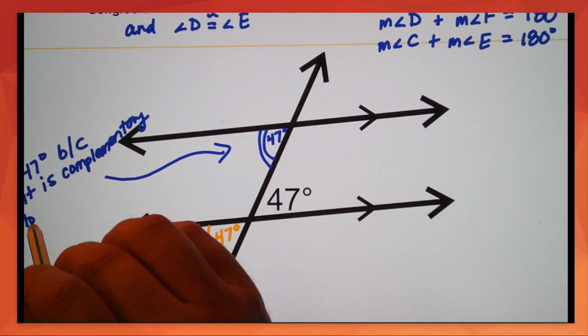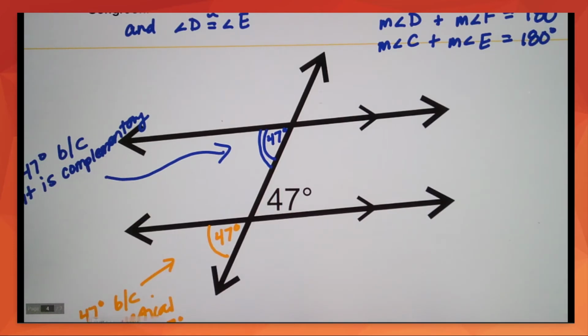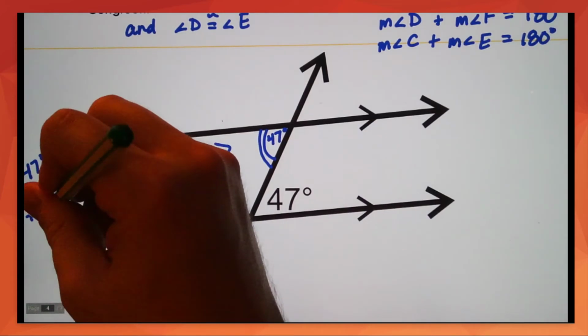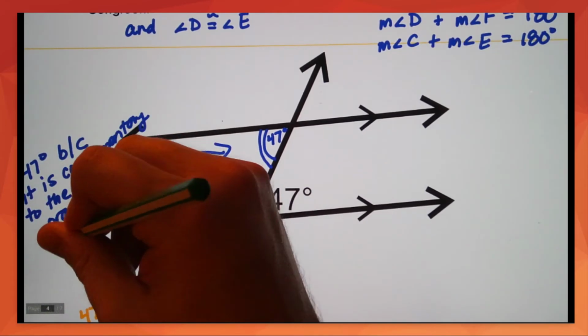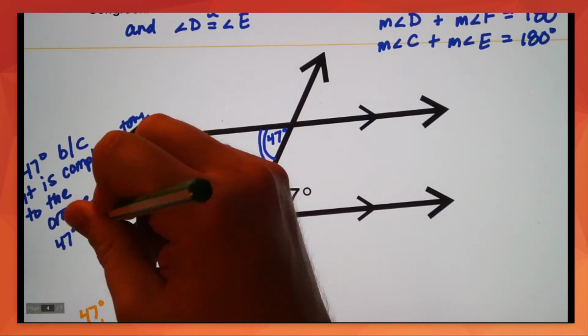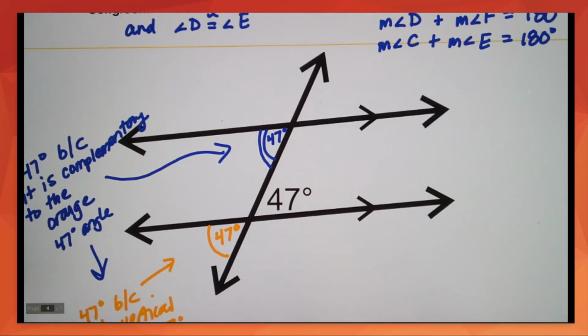I don't know why it's not letting me draw the rest of this word. Hold on. There we go. It is complementary to the orange 47 degree angle down here. Okay, these are complementary to each other, and so I know that they are going to be the same measurement.